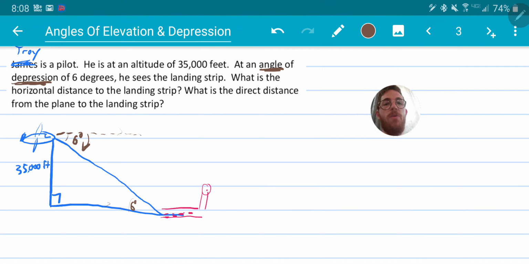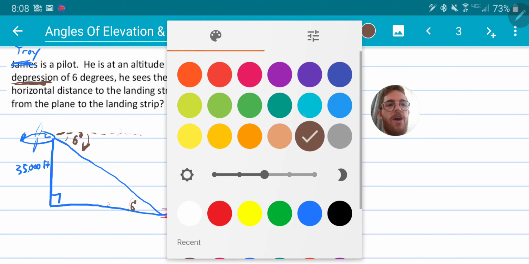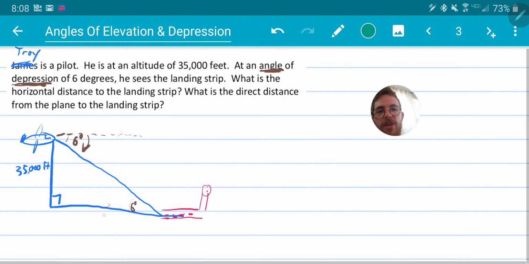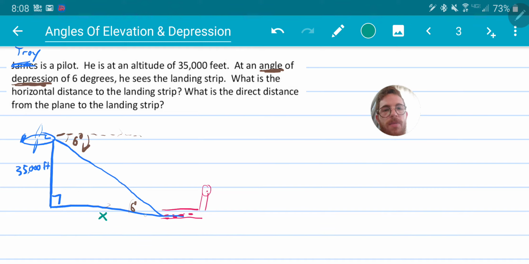So we want to know the horizontal distance to the landing strip. Well, we know what horizontal is. It would be this right here. Horizontal distance, I'm labeling it as X. Plane to landing strip, what is the direct distance? I'll label that Y, directly from the plane to the landing strip. Not horizontal, and not vertical like the altitude. Direct distance would be Y.